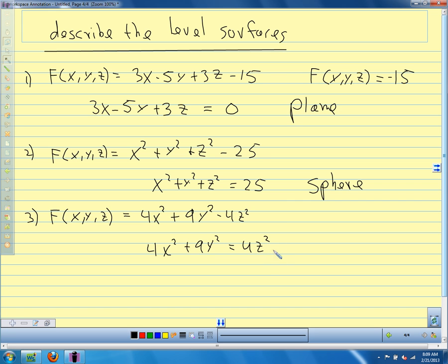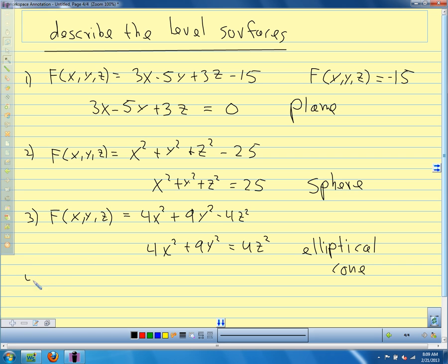So this would be an elliptical cone. So it would be kind of a squashed cone. You'd have one going up and one going down, because when you take the square root, you get a plus and a minus.